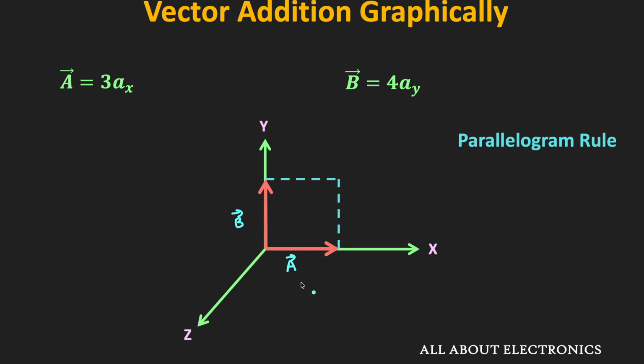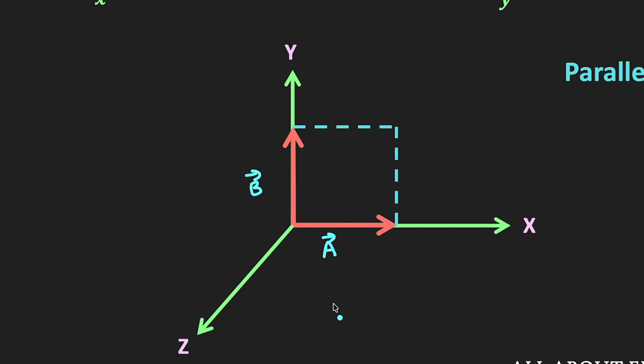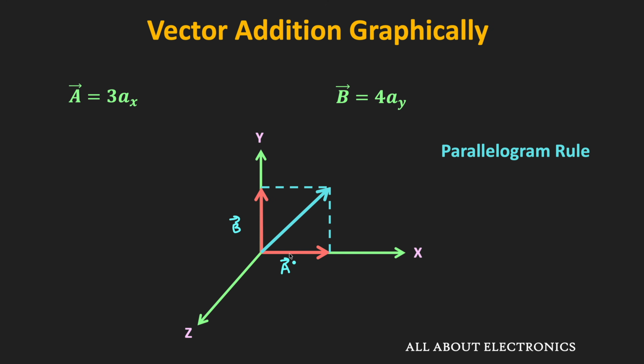Since both vectors a and b originate from the same origin point, a and b are the two adjacent sides of the parallelogram. And now, the diagonal of this parallelogram that is drawn from the same origin represents the addition of these two vectors. That means this vector represents a plus b. So this is another graphical method for the vector addition.